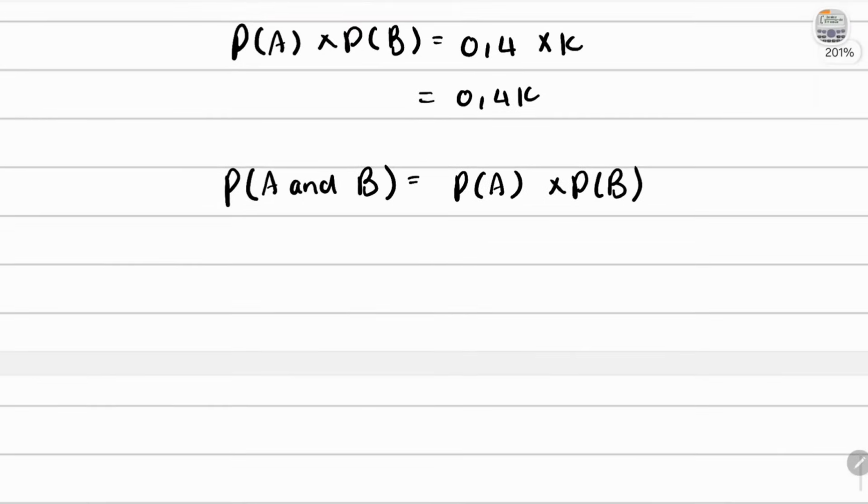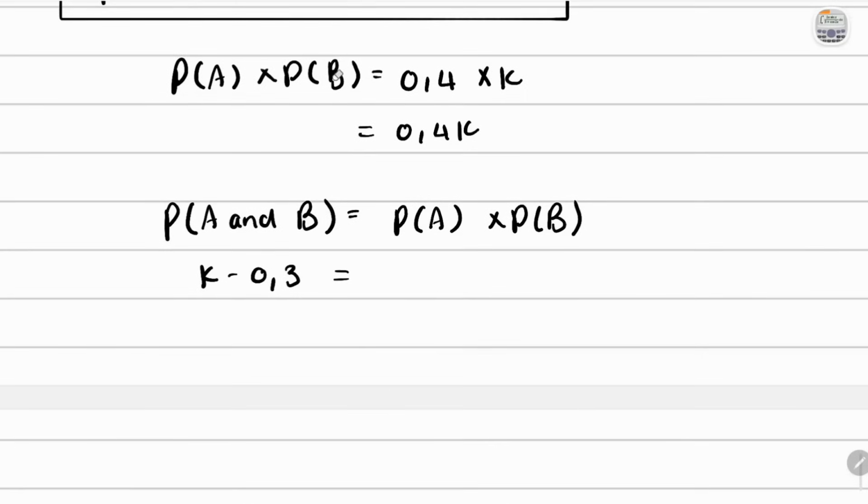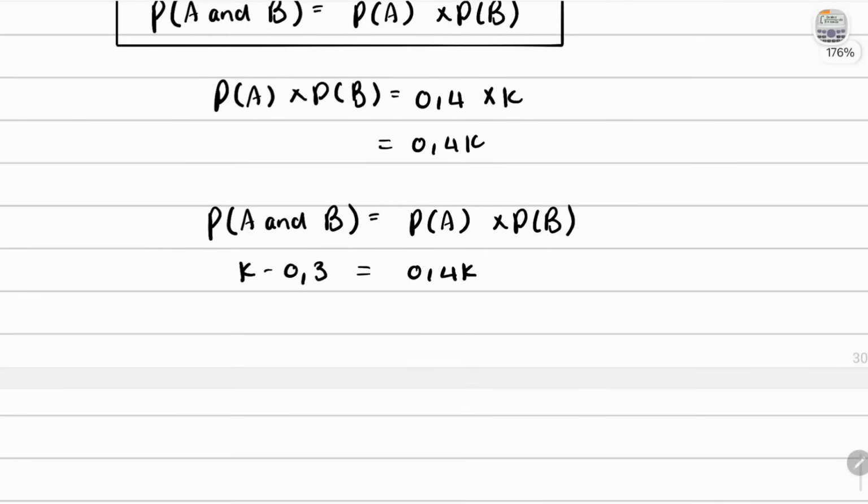So we can put that here. It's K minus 0.3, which is equal to, and we know that this product gives us 0.4K, and we just need to solve for K in this equation, and this will tell us the value of K for which they are independent.